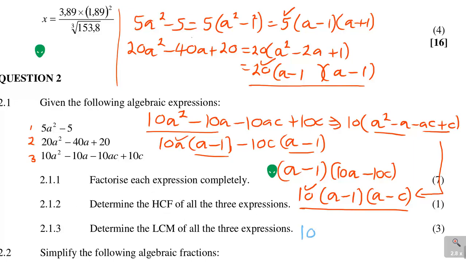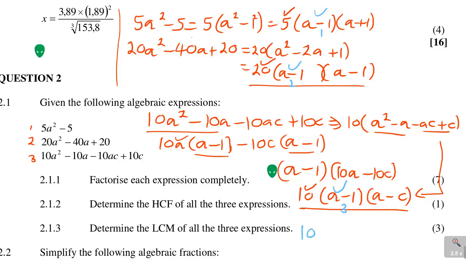After that, look at the expressions that are repeating. The first one, I've got a minus 1. So a minus 1 is a tick, a minus 1 is a tick, and in this one, for 10a, a minus 1 is a tick. So you can see that a minus 1 appears in 1, in 2 and in 3.